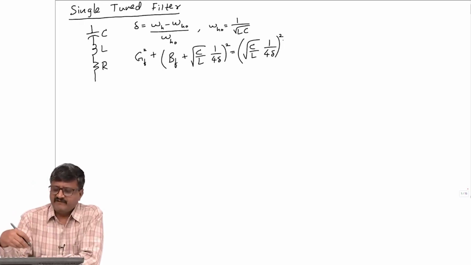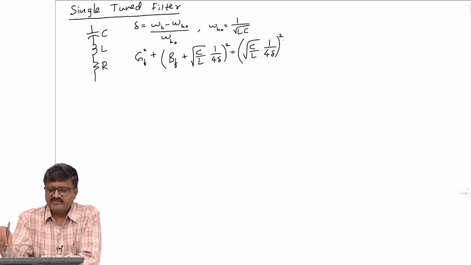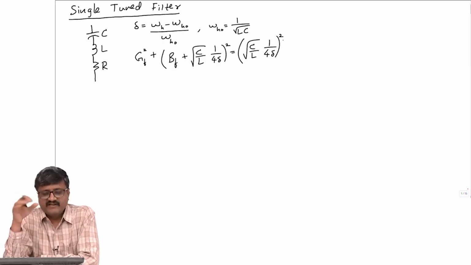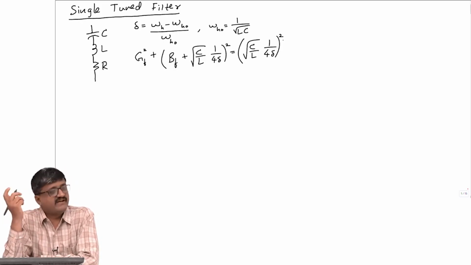So, for a given value of delta, this is actually an equation of a circle in the complex plane, with GF on the real axis and BF on the imaginary axis.